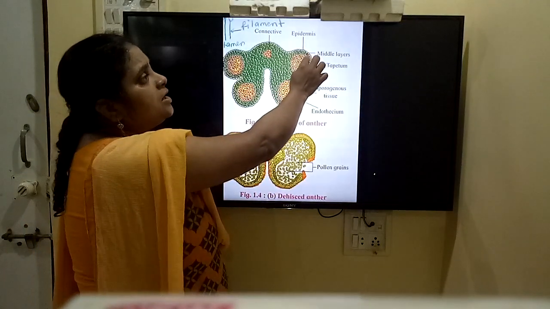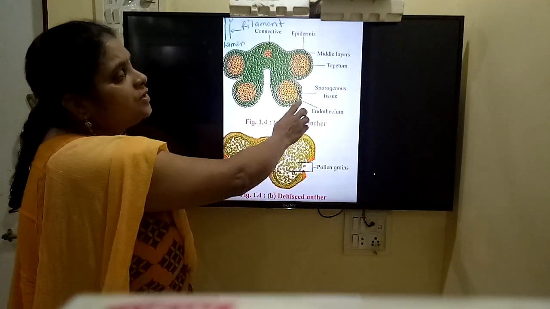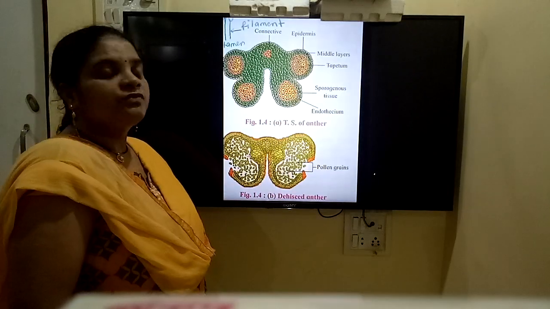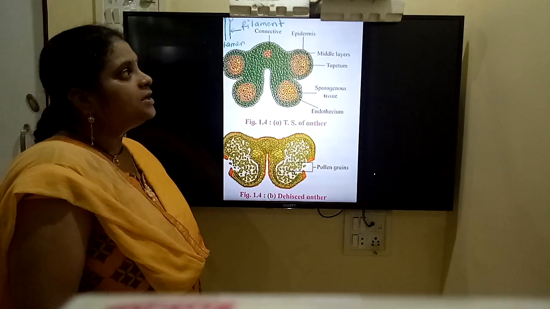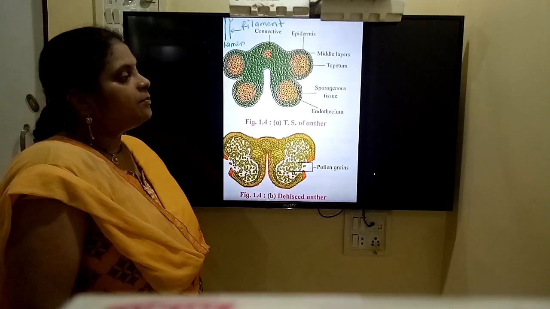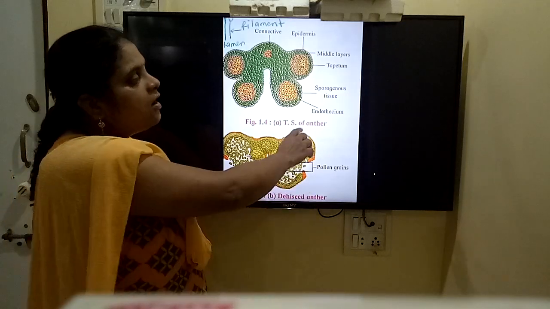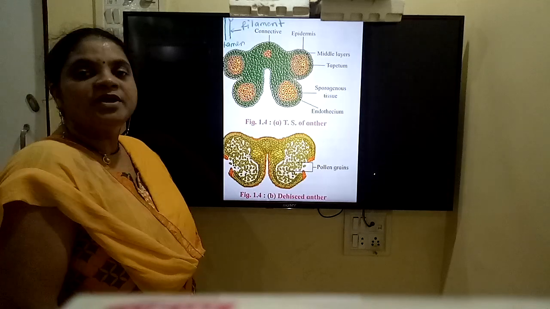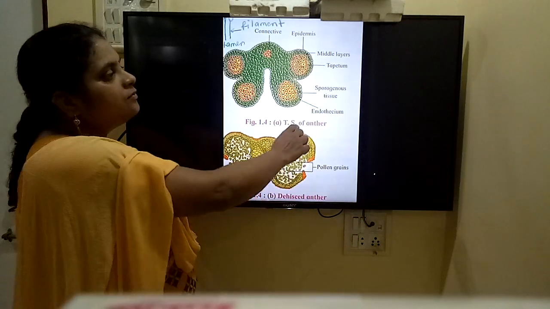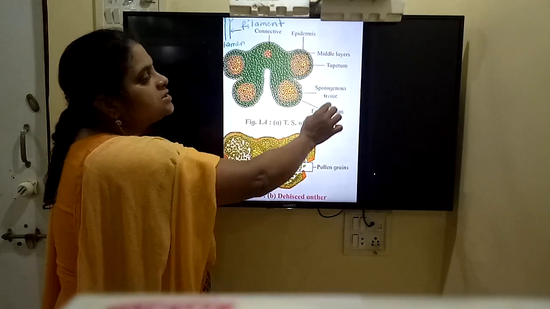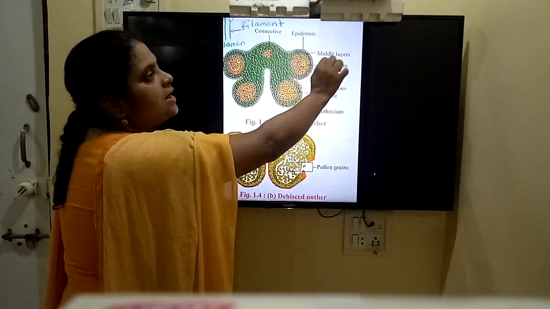Now inner to the epidermis is the endothecium layer. This layer is made up of elongated cells with fibrous thickening. Inner to that is the middle layer. This is the first, second and third layer. What is that? Middle layer.